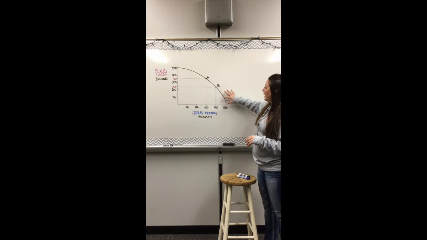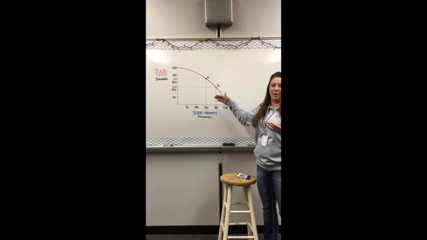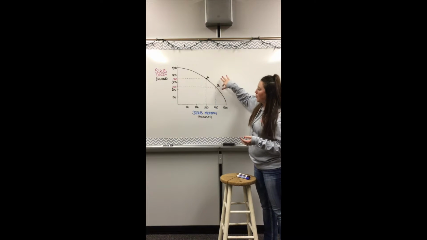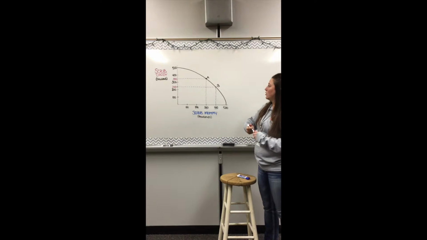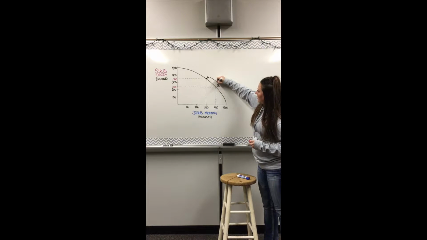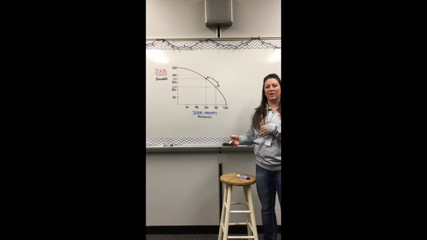So the line here represents the max combination of Scrub Daddy and Scrub Mommies that they can create. Right now, I have 2 points on here. We're going to make this transition. They're looking to produce more Scrub Mommies, and we want to know what's going to happen when they make that transition.